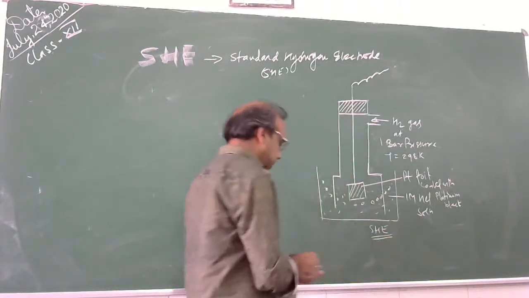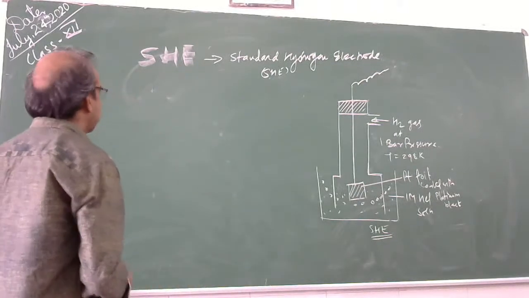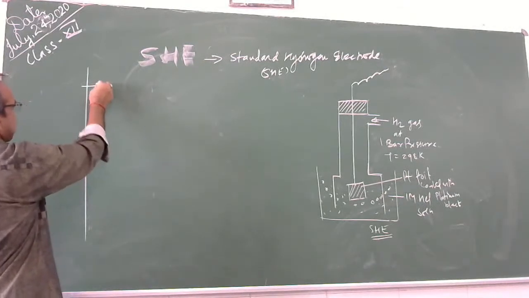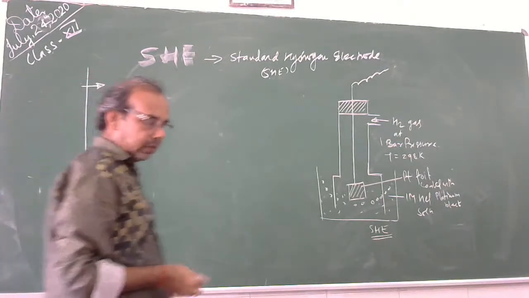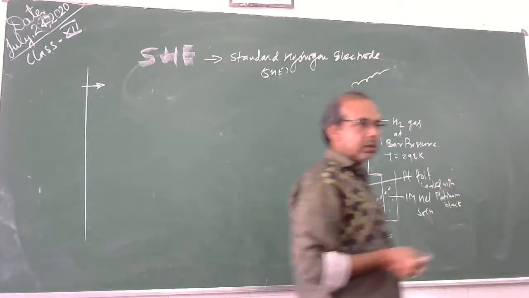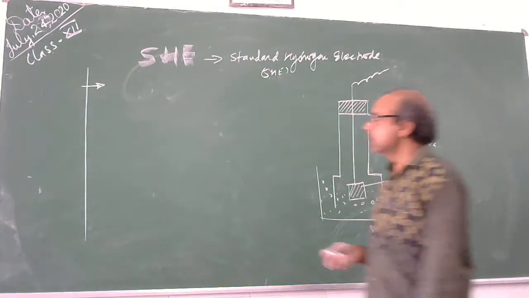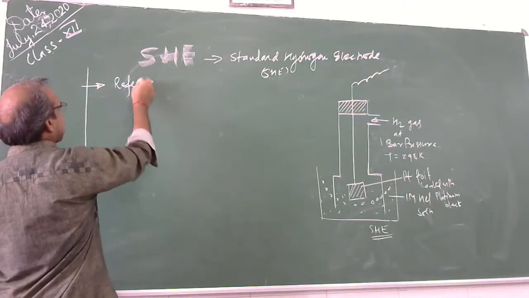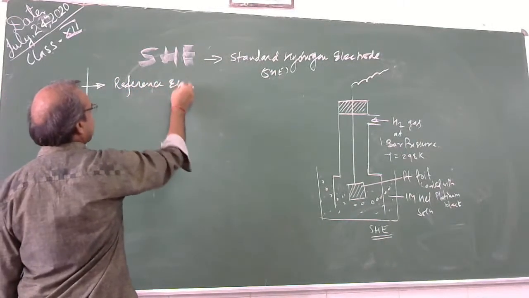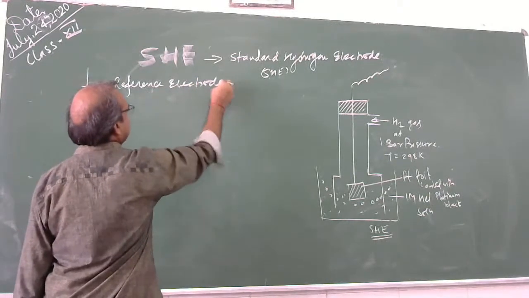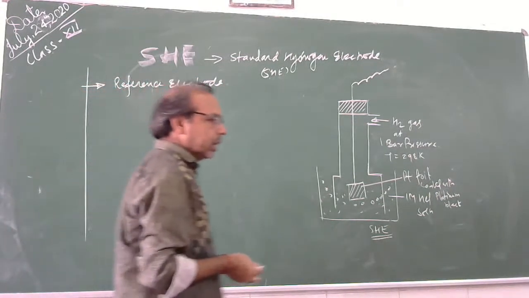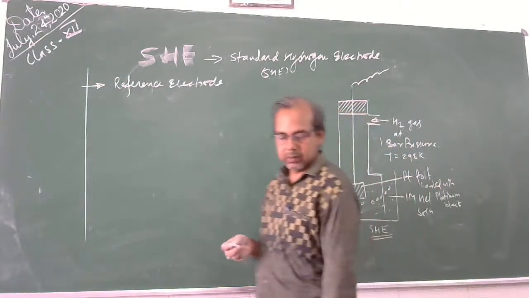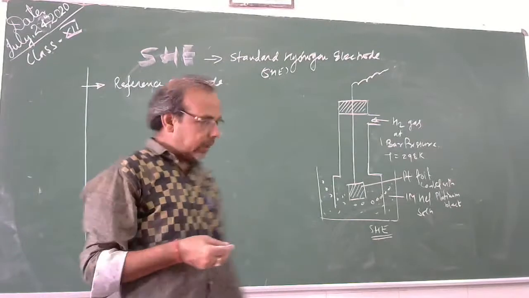And what are the basic points of the standard hydrogen electrode? Number one, I would like to discuss here. First of all, this is a kind of reference electrode, and it can be connected with any electrode.